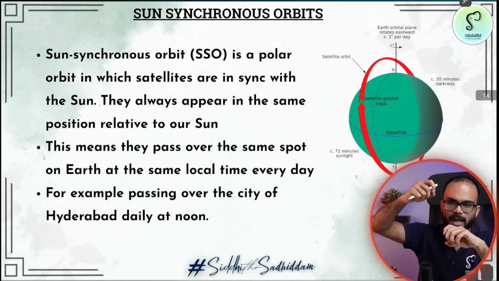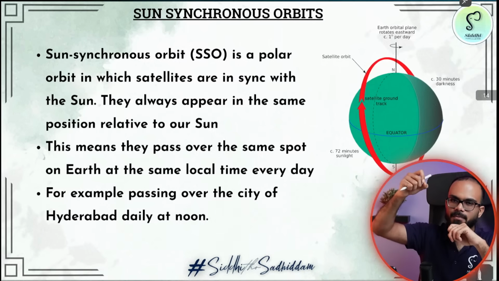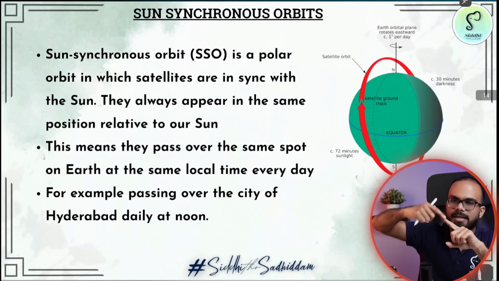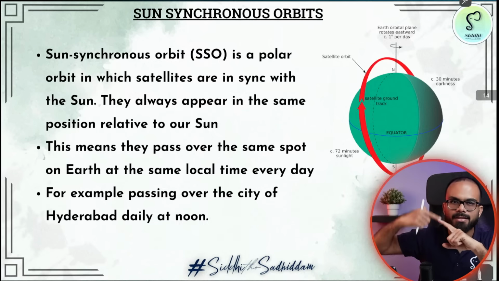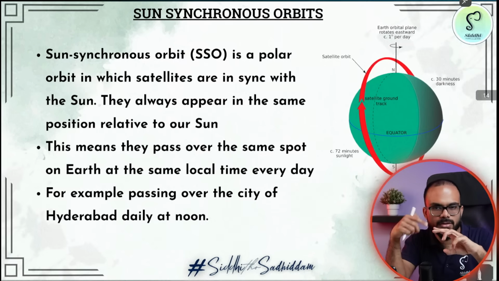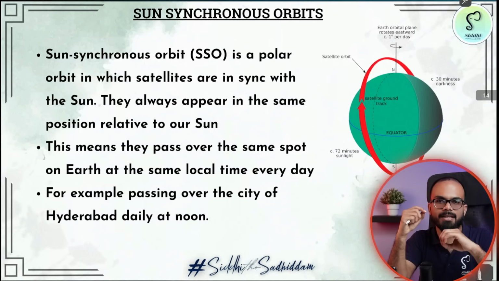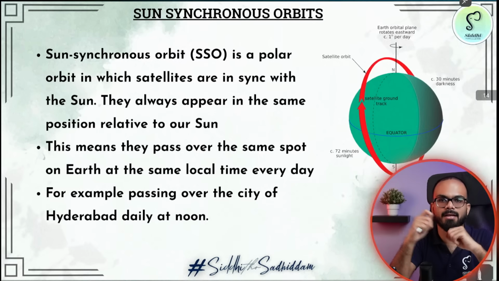At 5 a.m. or 5 p.m., the sun is at a particular location along this line, and the satellite is there. At 6 a.m., the satellite is there. So the satellite's movement is in sync with our day and night. We use these orbits for those kinds of satellites where daylight is extremely important.